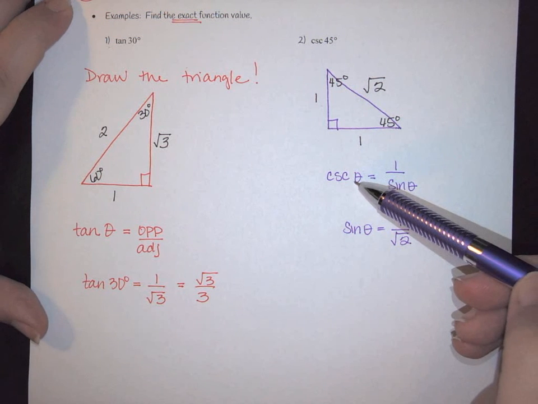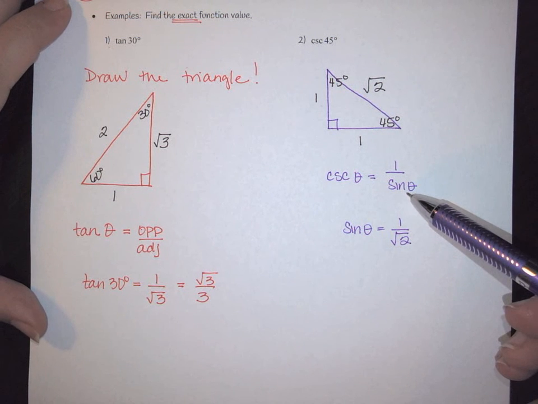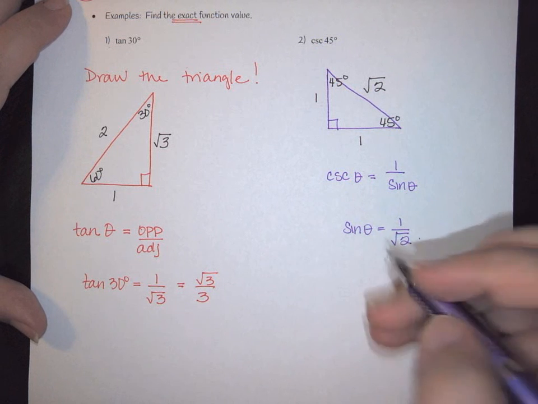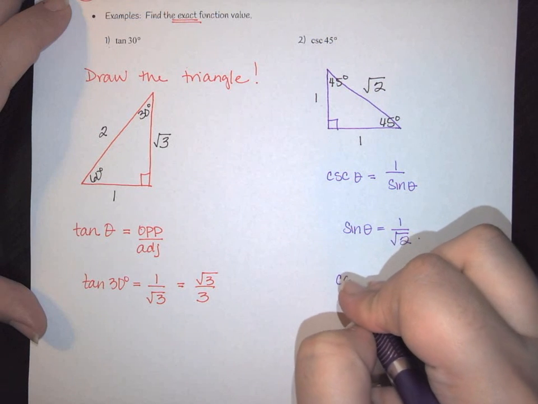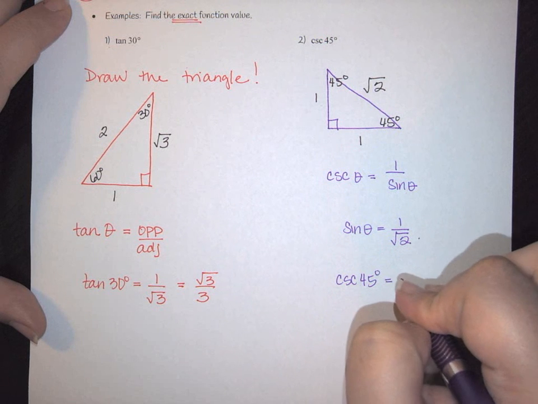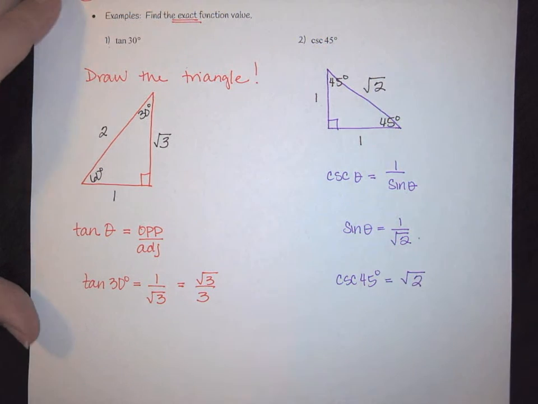Now since my cosecant is the flip of that, in this case it would mean that I simply flip this reciprocal. So my cosecant of the 45 degrees is going to end up being the square root of 2.